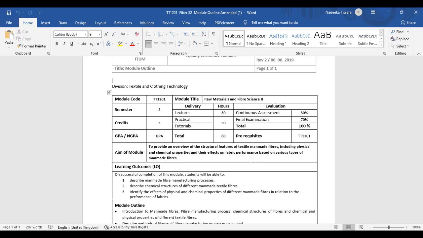If I take an example, you have already learned about cotton fibers. The cotton fibers have cellulose chemical structure in them, and cellulose has different chemical functional groups. If you take a polyester fiber, the chemical structure is different from that of a cellulose fiber.